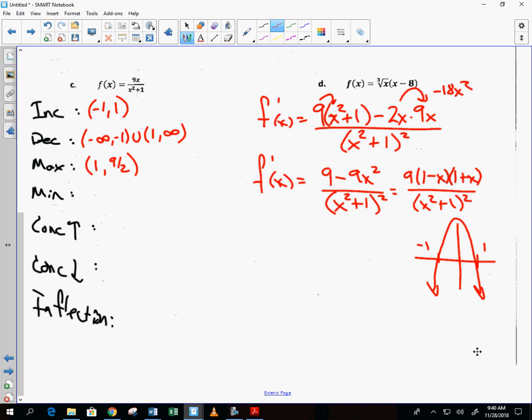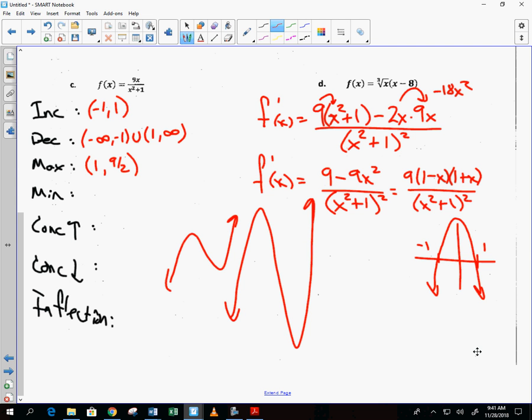Because what I'm going to do is I'm going to extend just a little bit further. I'm actually going to draw a picture of this graph. So I don't want to just know that the maximum occurs at x equals 1. I want to know the y value. I want to know how high to draw that maximum. So for example, if I draw a cubic, you could draw it like that, or you could draw it like that, right?